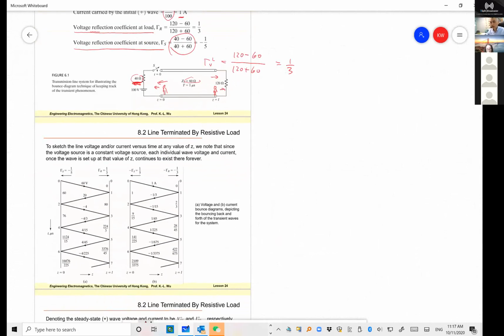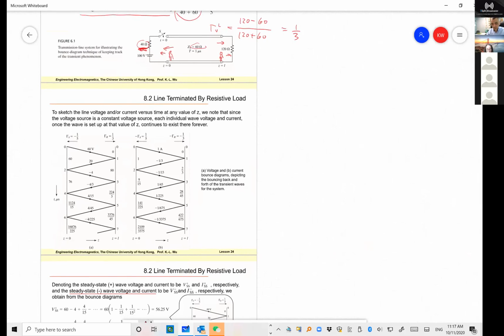Now let's see what happened. You start from the initial voltage 60. This is the duration time, before the time 1T, before you reach this end. At any location, what you can measure is 60 volt.